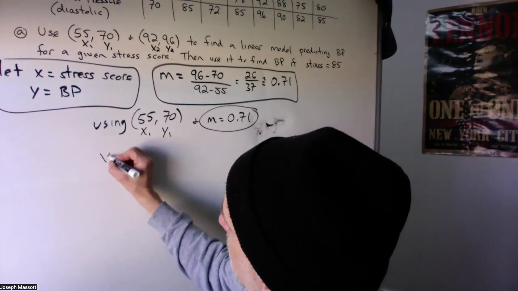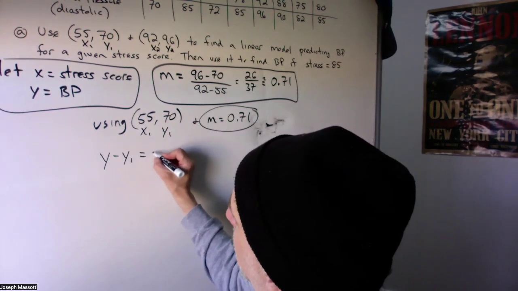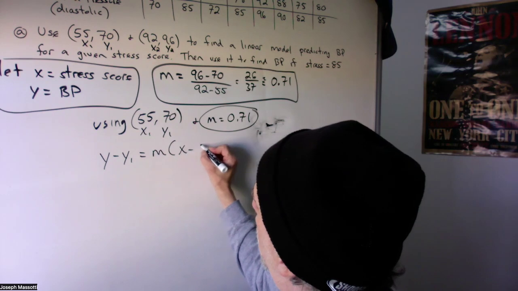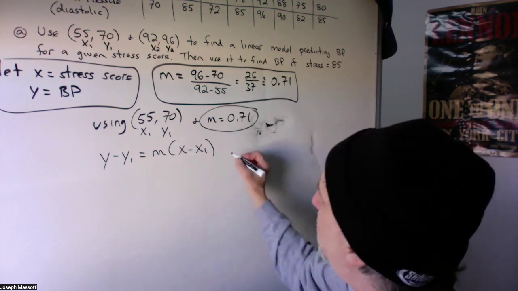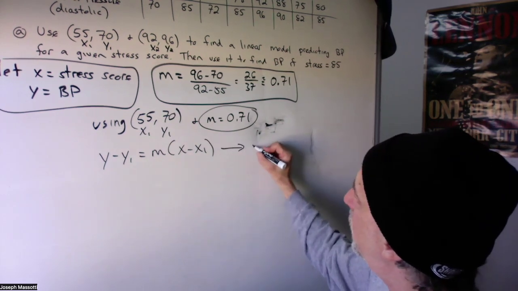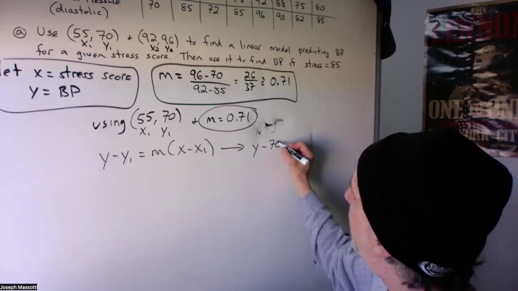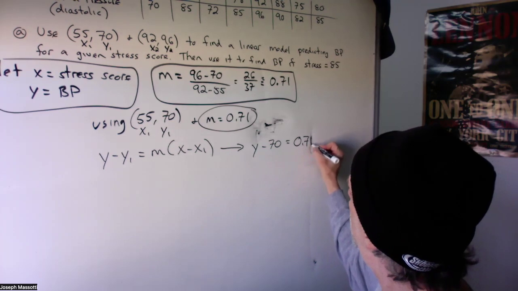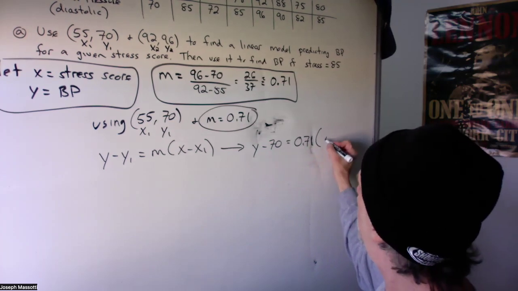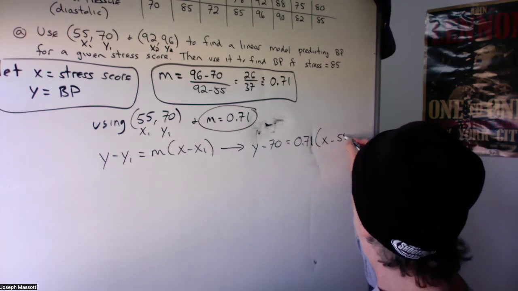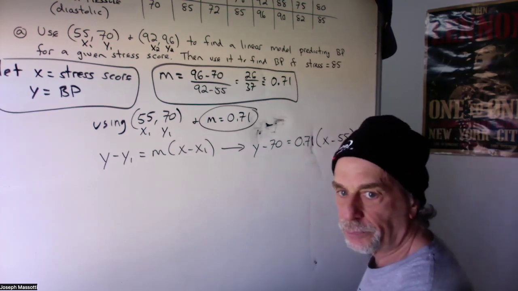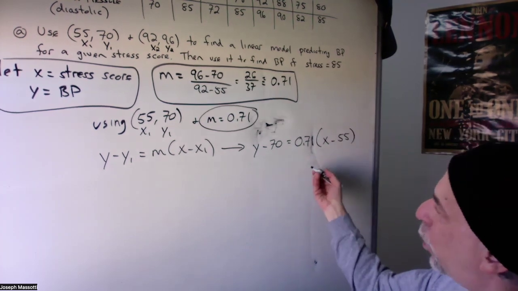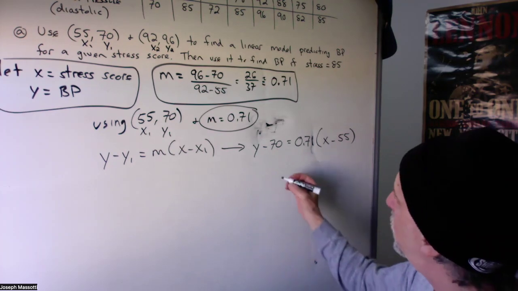So point slope formula, y minus the y value equals the slope times x minus the x value gives us y minus 70 equals the slope times x minus 55. I'm going to solve this for y just so I can put it in the form of a function, right?